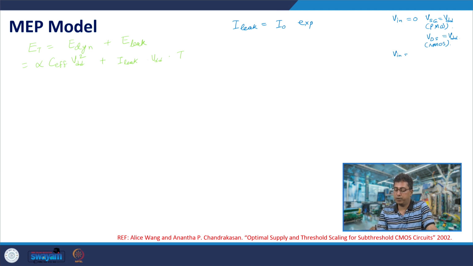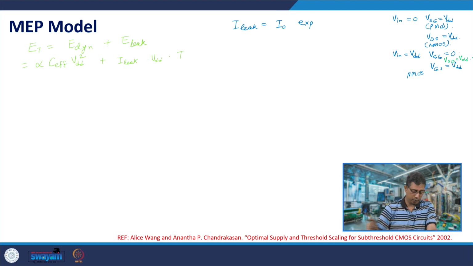Likewise, when input is VDD, for the P MOSFET the source to gate voltage is 0, and for the N MOSFET the gate to source voltage is VDD, and for the P MOSFET the source to drain voltage is now VDD.